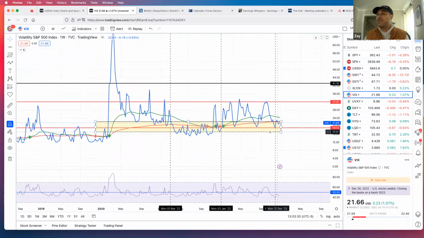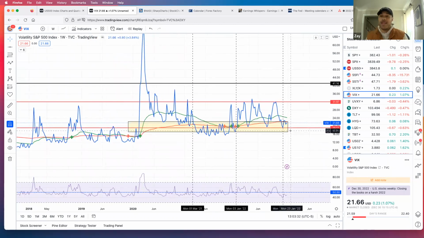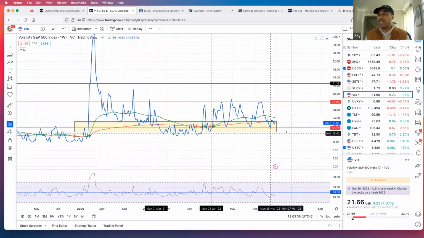So when it comes to 2023, the VIX will be another indicator that I will use that will help mark buy and sell signals. So when we are at this sub 20, sub 21 area, these are areas where I will be looking to take profit off the table or look to hedge, grab protection.